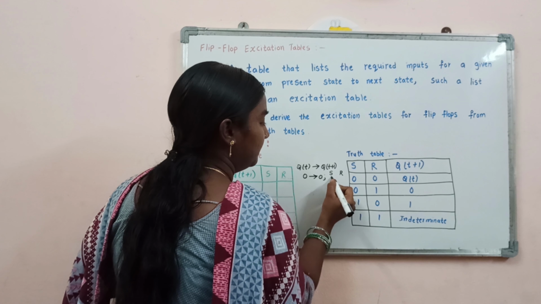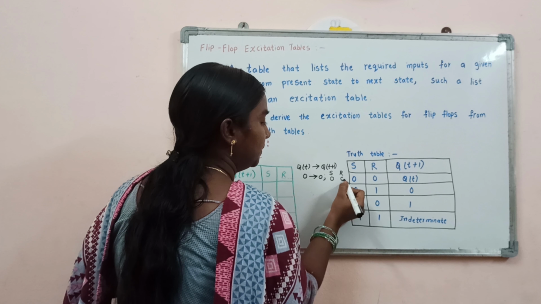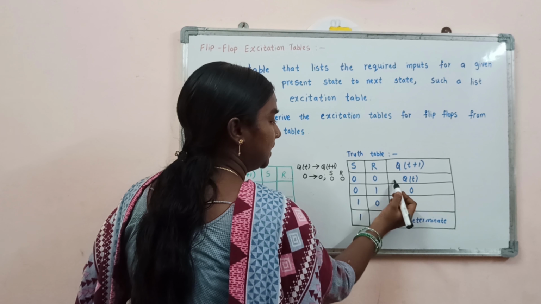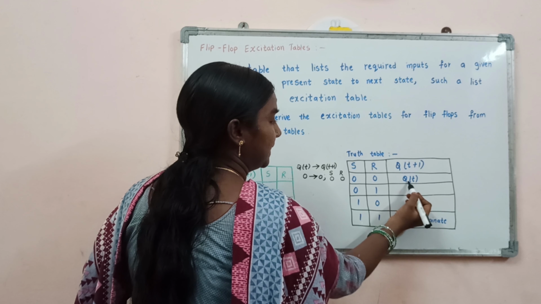When the set input pin is 0 and the reset input pin is 0, it says from this truth table that Q of t, the present state, is 0 and the next state is also 0. So this is one of the input conditions.